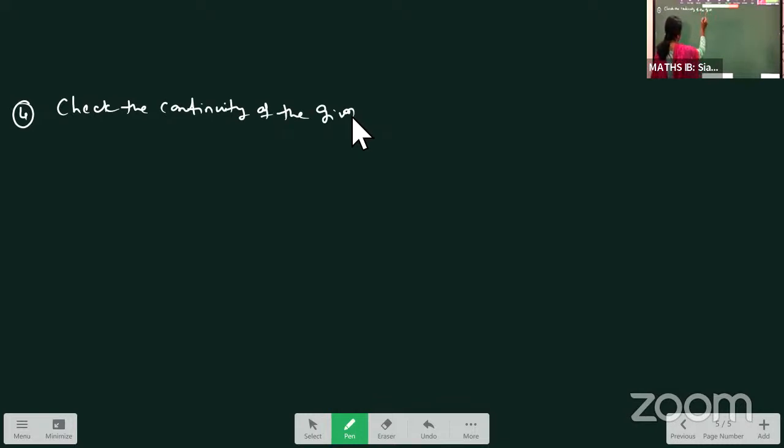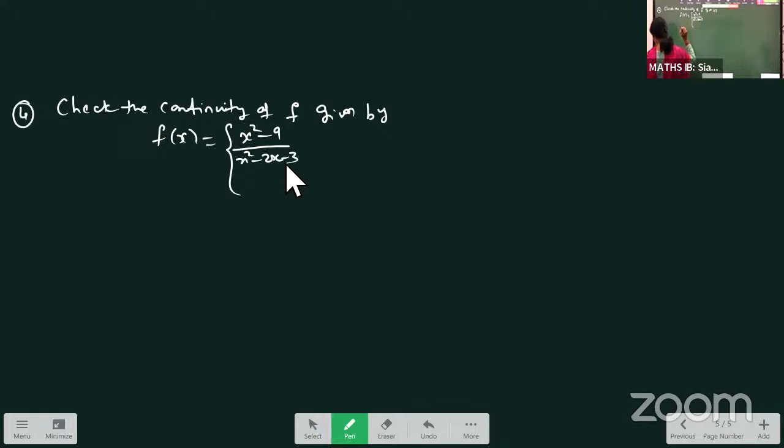Continuity of f given by f of x is equal to (x square minus 9) by (x square minus 2x minus 3) if 0 less than x less than 5, and 1.5 if x not equal to 3, at the point 3.